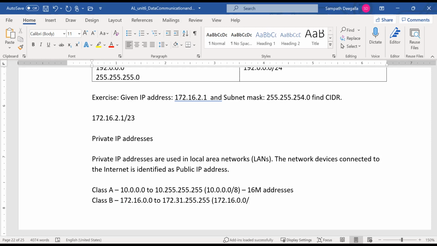So in CIDR notation, we can say 172.16.0.0/12.